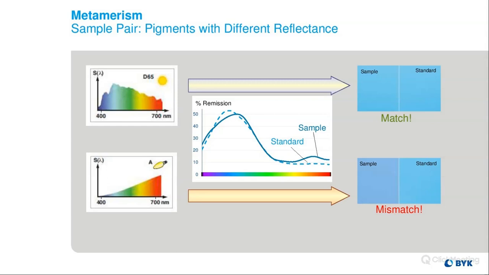But when you shine a tungsten light, maybe there are certain pigments in that material that will be activated by the tungsten light, so the red end of the spectrum, and it might make it look a little redder or slightly different. In that case, you'll have a mismatch between your standard and your sample. And this is how you would be able to identify that, by using the different illuminants to see if they're matching under those different light sources.